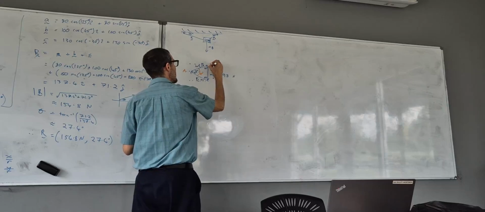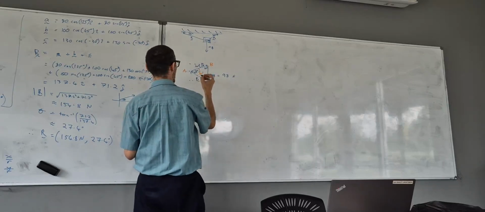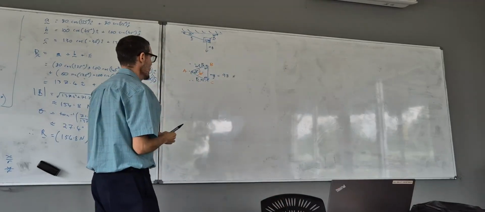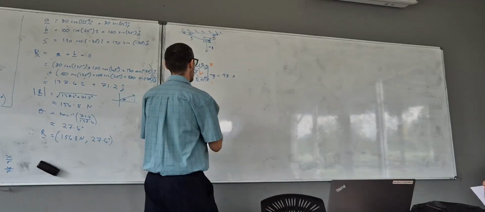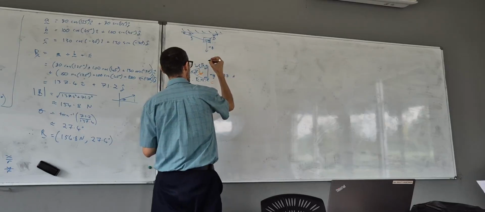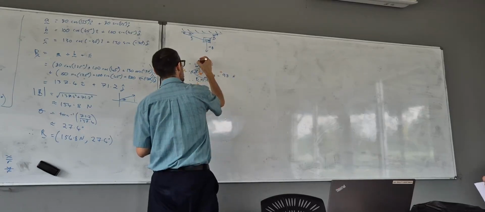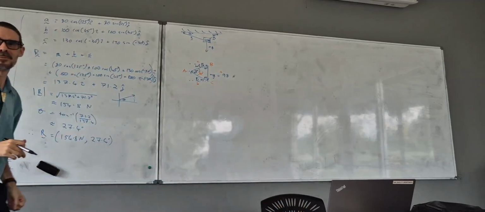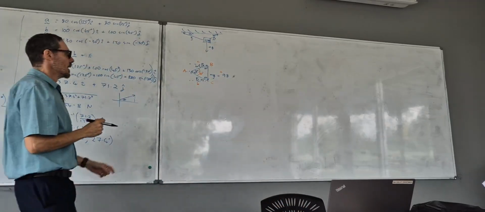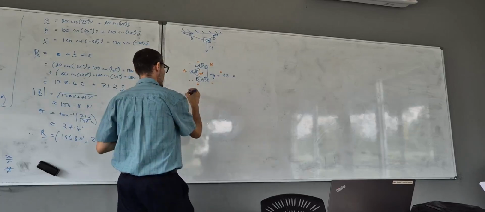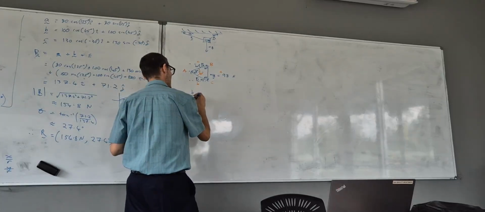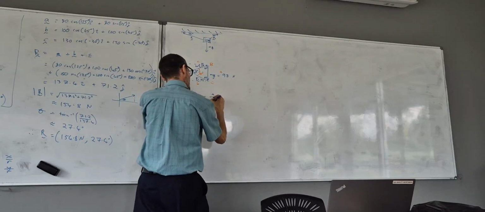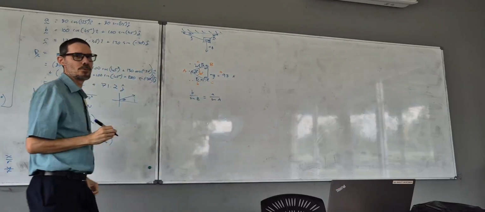I'm just labelling the sides A, B, C, because I'm about to use the sine rule. If I want to find B, I know B over sine B, and I know A over sine A. Let's use the sine rule.